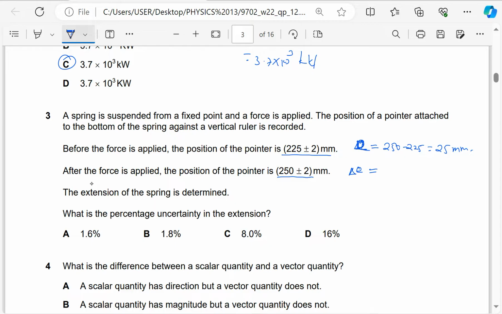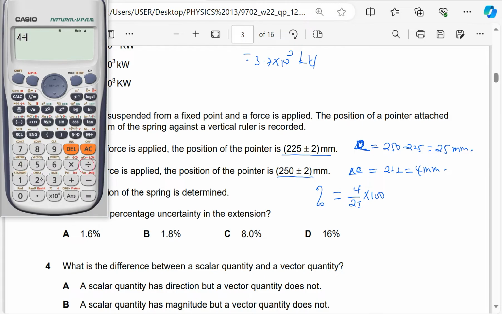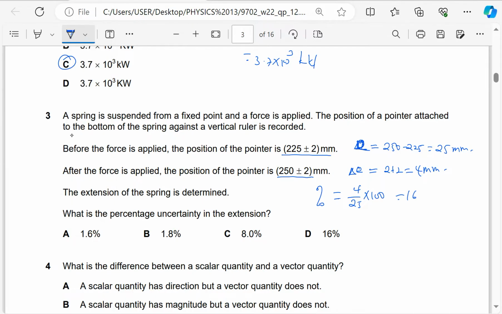We can't subtract the uncertainty, so it will be 2 plus 2, which becomes 4 millimeters. So the percentage uncertainty is going to be 4 divided by 25, multiplied by 100, which is 16%. So the answer is D.